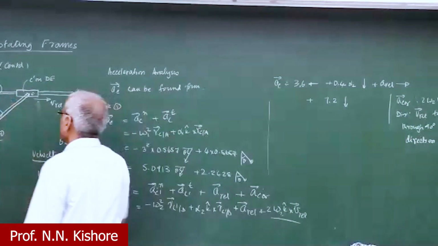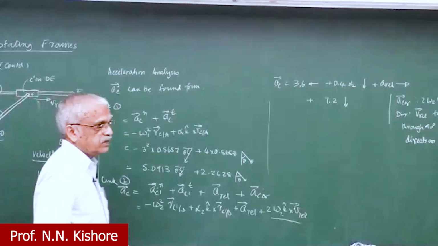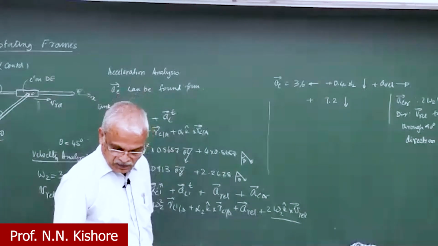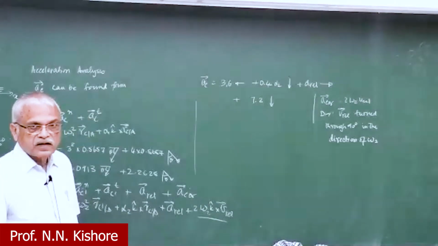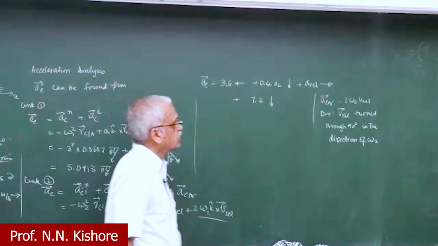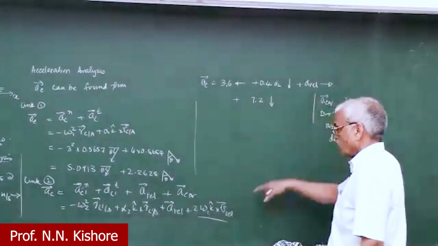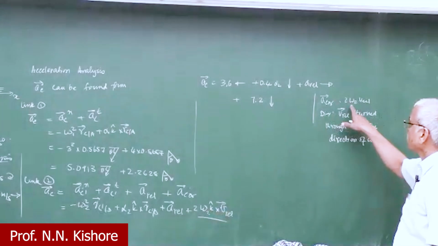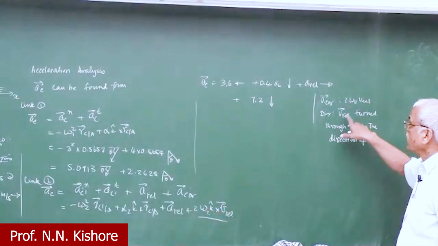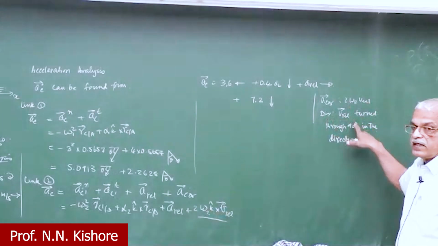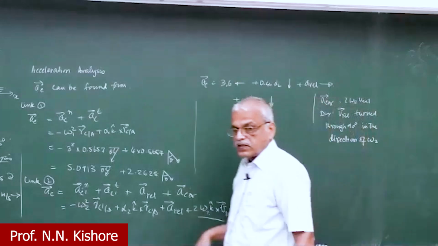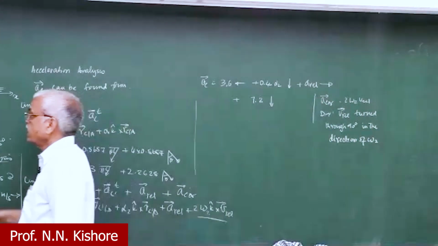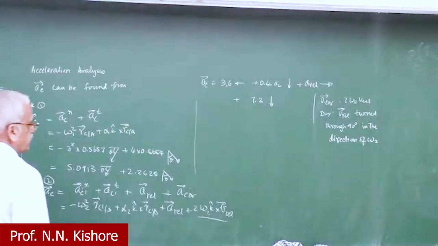So this is how the 7.2 comes. This turns out to be much easier than following the vector algebra using IJKs. Of course, that is how it is mathematically done, but this is how you can quickly arrive at the magnitudes.